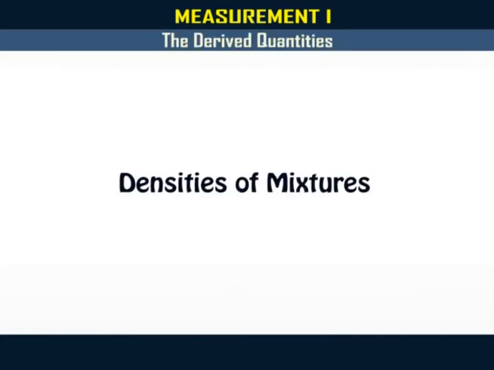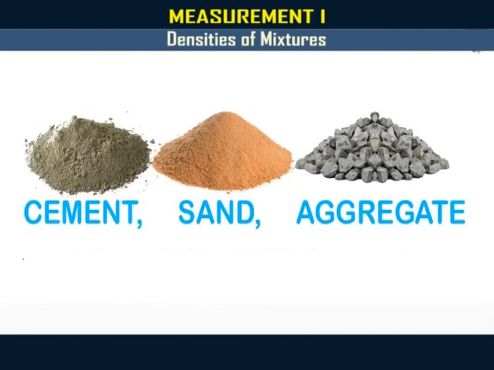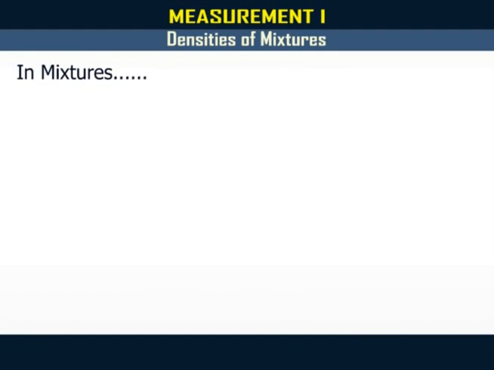Next, densities of mixtures. Now, when you put two or more substances together that do not react with each other, you get a mixture. For example, sand, cement, and ballast. Because each constituent of a mixture has a different density, the mixture will have a new density. Here are facts about mixtures.